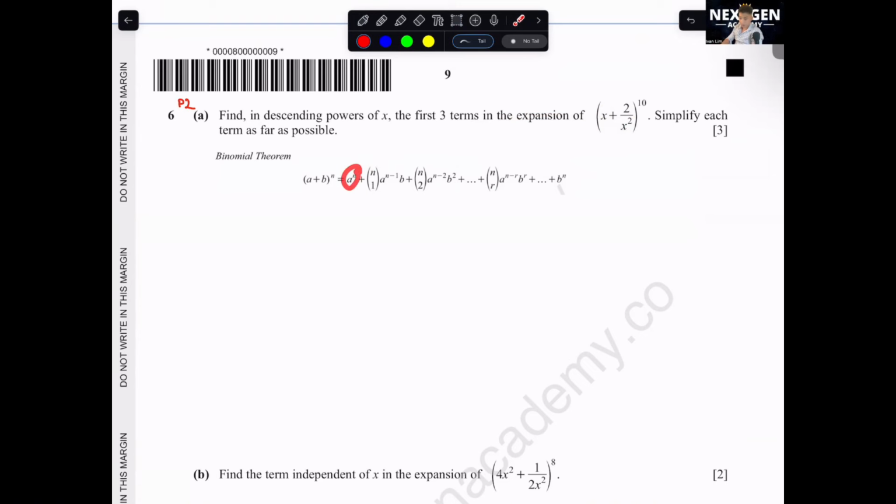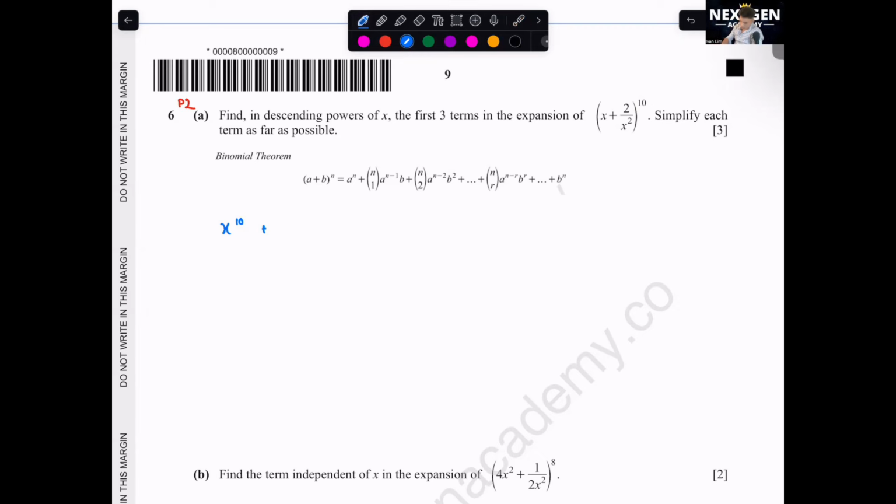The first term will be a to the power of n, so x to the power of 10. Then plus nC1 a to the power of n minus 1, so 10 minus 1, then the second term will be b to the power of 1. Just remember that the power always balances up to equal 10. Technically we're just putting into the formula.